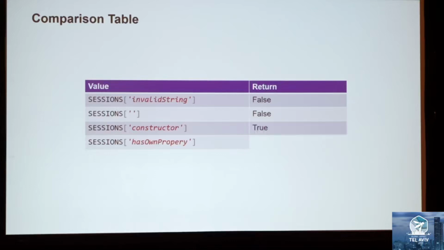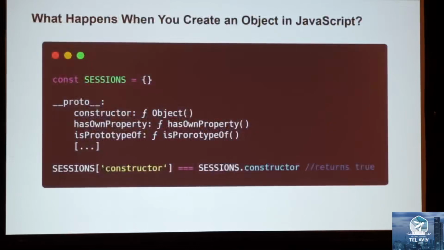But then we get to some weird, interesting concepts where if you have the session which is constructor, it's going to return true. And the same for hasOwnProperty, which is going to return true. The interesting thing here is that when you create a JavaScript object, it essentially descends from the base object.